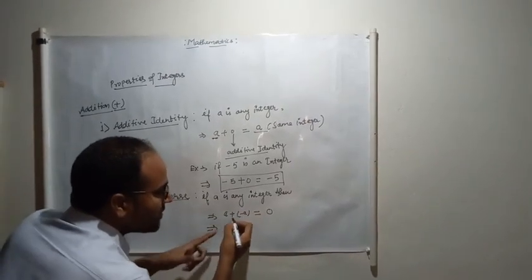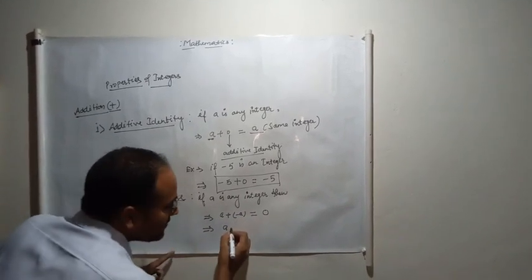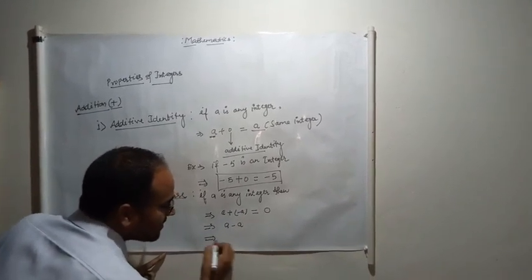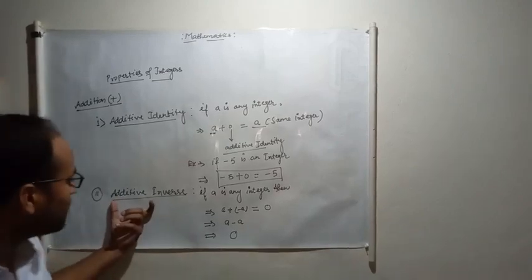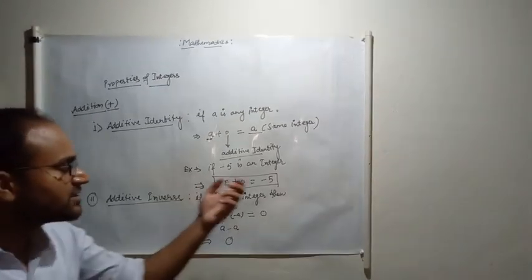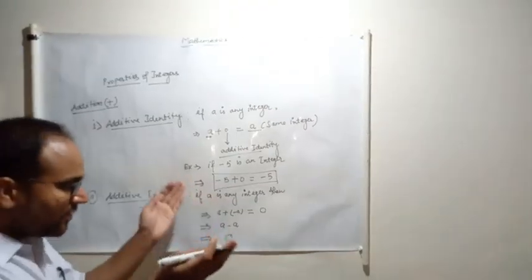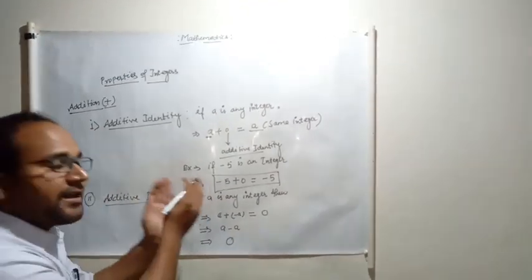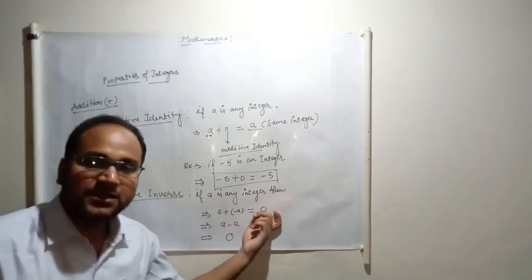You know that if you remove the bracket, plus multiplied by minus gives minus, and then we get 0. Additive inverse is just opposite in sign. If we take a, its additive inverse is minus a, and if we add both, we always get 0.